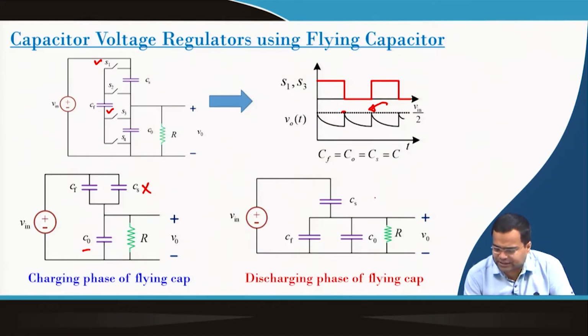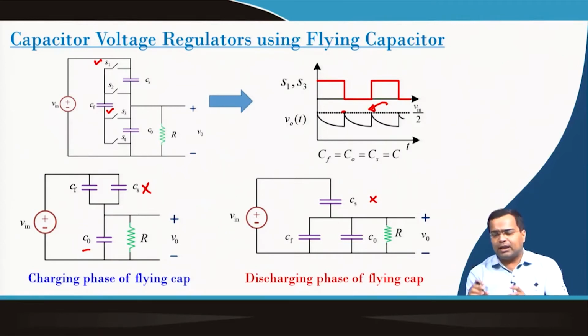If the source is not there, that means if the input supply is disconnected and the two capacitors are supplying the load, naturally they will get discharged. So, you cannot keep this configuration for a long time. None of these phases, the charging phase or the discharging phase, should continue. In each of these phases, the output capacitor will discharge.